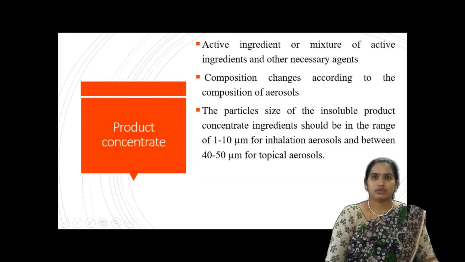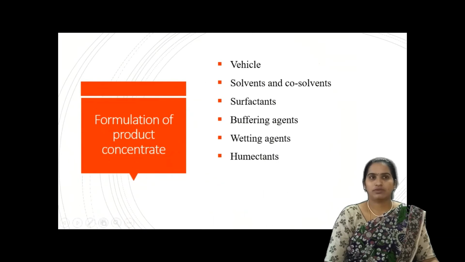The particle size of the insoluble product concentrate ingredients should be in the range of 1 to 10 micrometers in case of inhalation aerosols, whereas in topical aerosol systems, the particle size range may be between 40 to 50 micrometers. The components of product concentrate include vehicle, solvents and co-solvents, surfactants, buffering agents, wetting agents, and humectants.